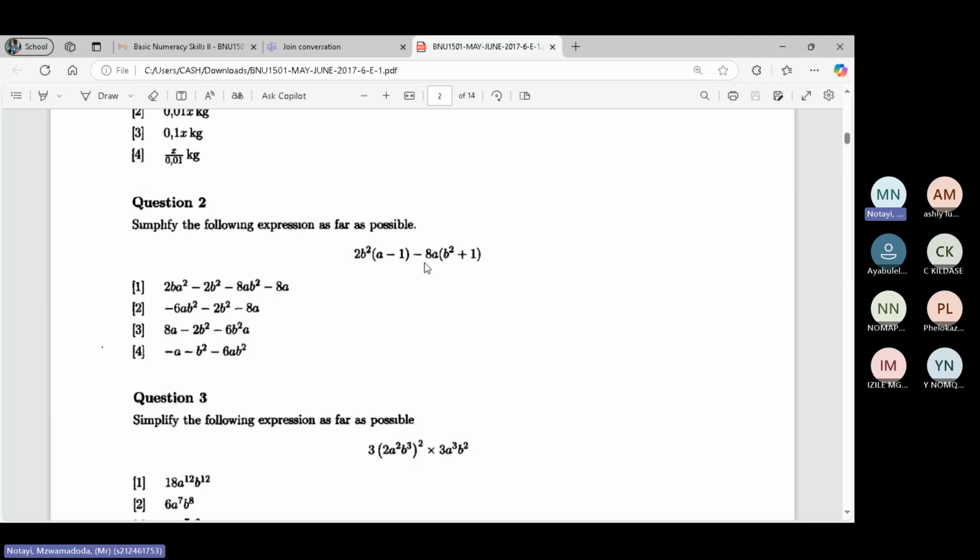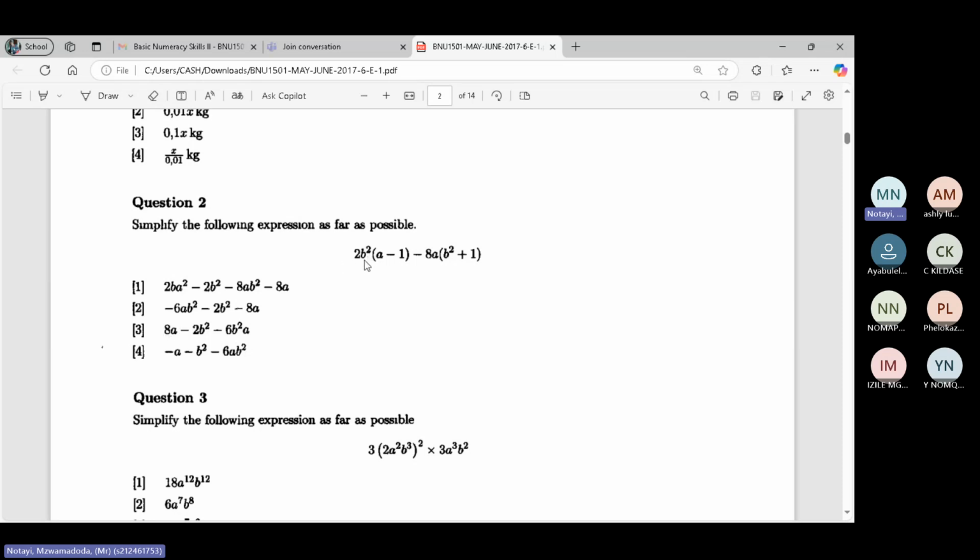And then the second bracket is negative 8ab squared minus 8a. So the 8a is negative. In the third one, 8a is positive, so it's out.